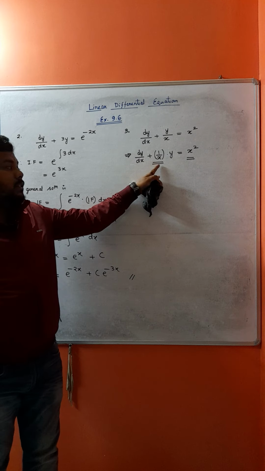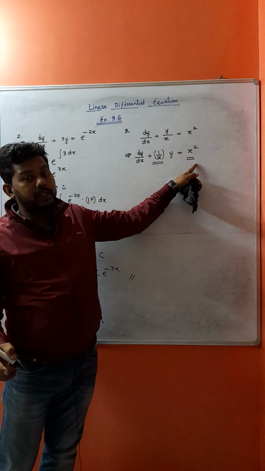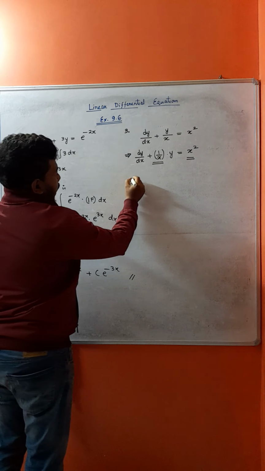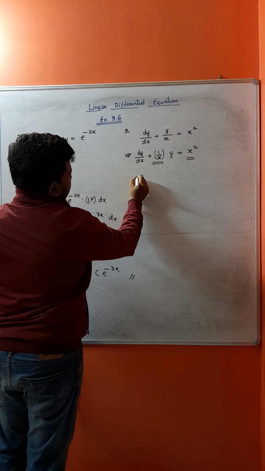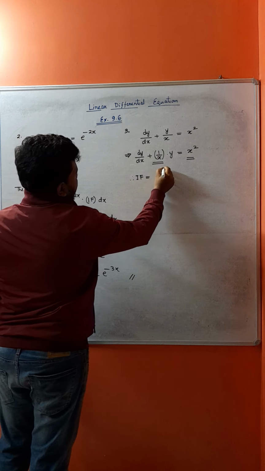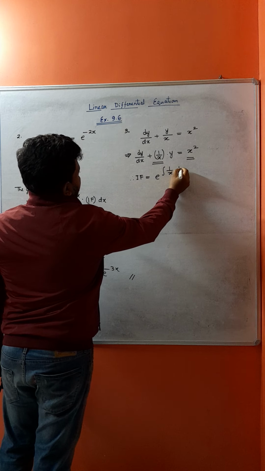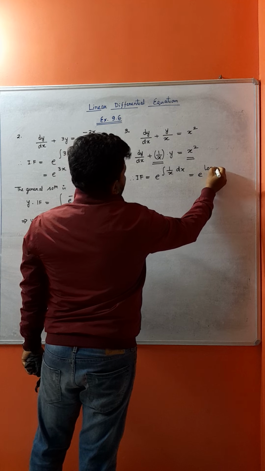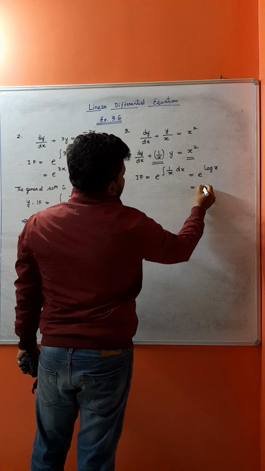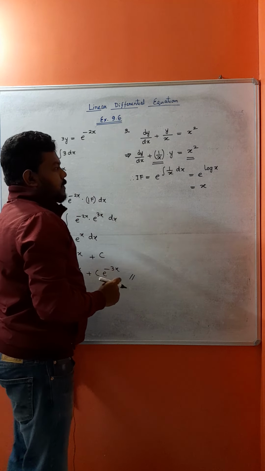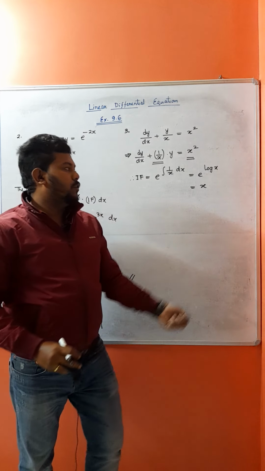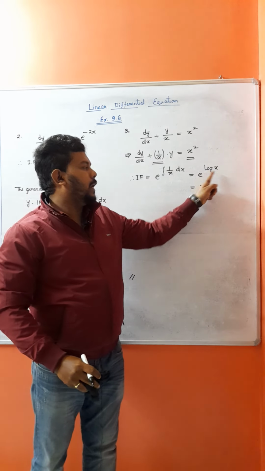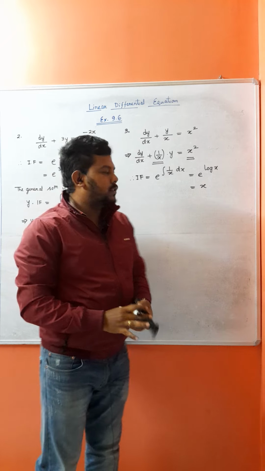So find out IF. IF is e to the power integral of 1 by x dx. E to the power log x, log and e cancel, this is x. We know this is a formula.